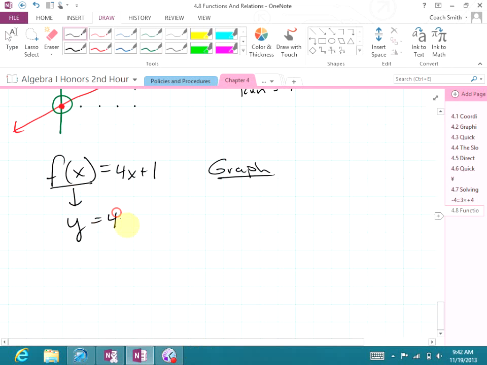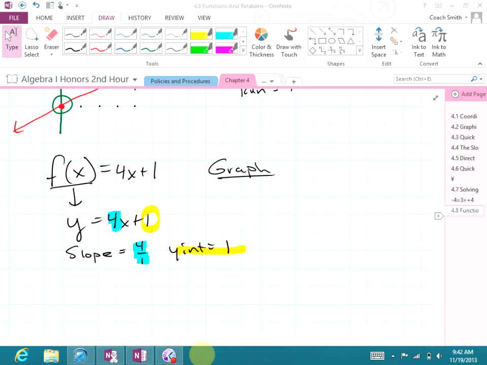And that's y equals 4x plus 1. Now you have your slope. Your slope is equal to 4 over 1. Your y-intercept is equal to 1. Where we get the y-intercept equal to 1 is there, and where we get the slope being 4 over 1 is there.